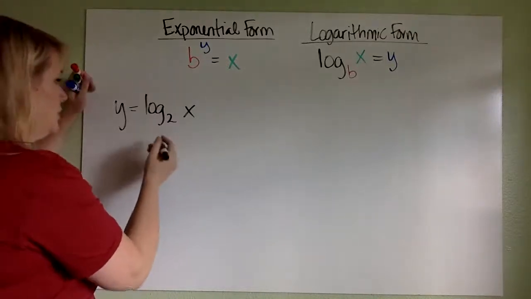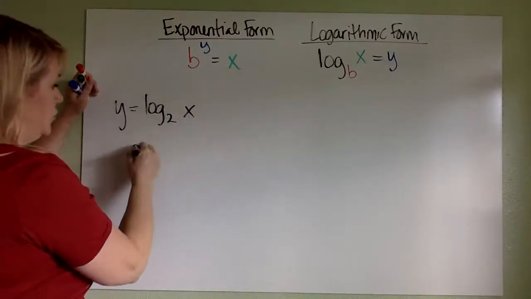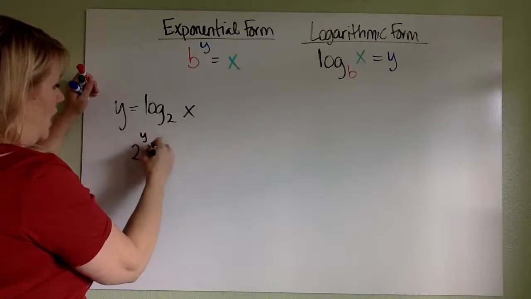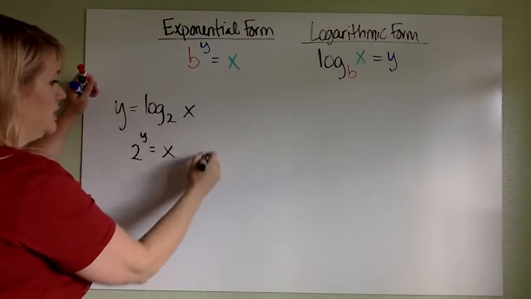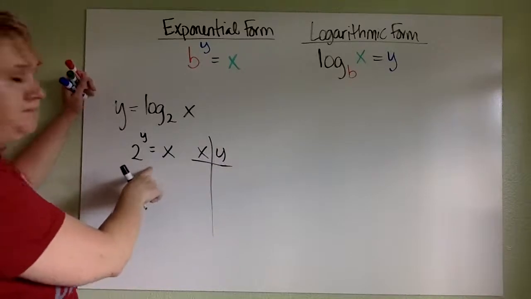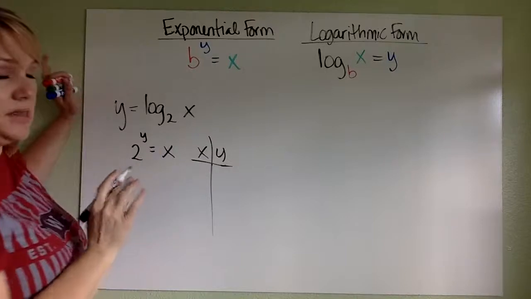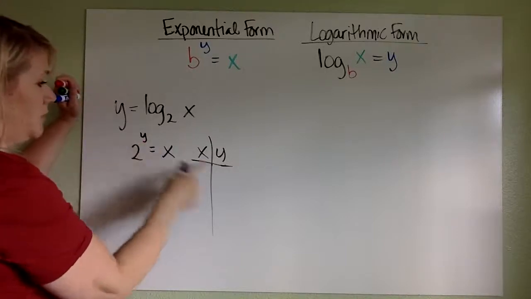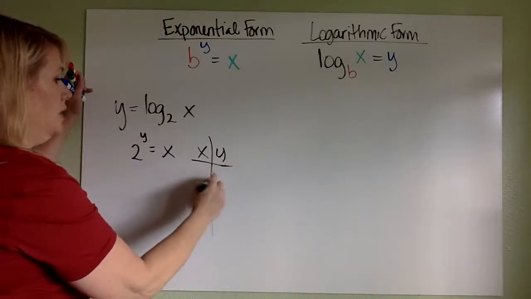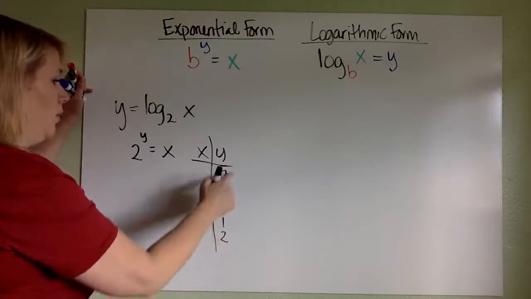So I'm going to switch this from logarithmic form to exponential form. The base is 2, the exponent is y, and that's equal to x. And then I'm going to make my table of values from this equation. These two equations are equivalent. They say the same thing. So since y is the exponent, those are the numbers I'm going to pick over here: -2, -1, 0, 1, 2 are my y values.